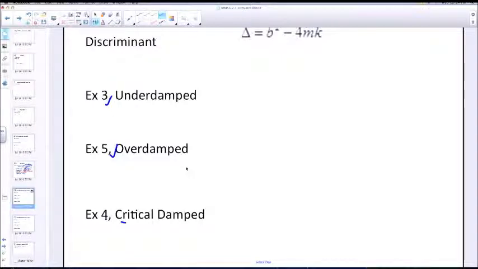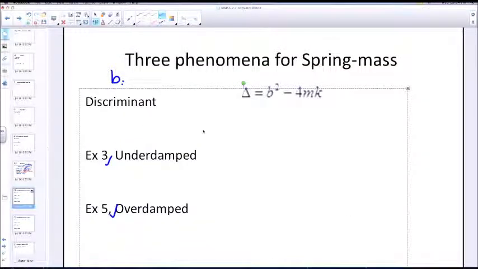So let's go back to the quadratic equation, which is mr squared plus br plus k equals 0.